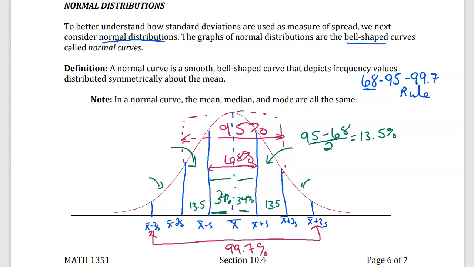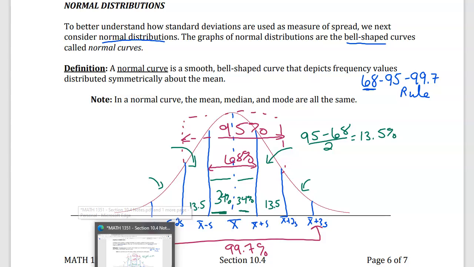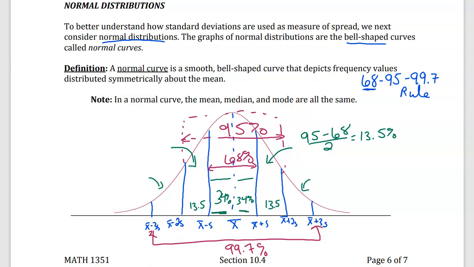To get the amount that's in these two portions, we're going to take the 99.7 and subtract out that 95% because we're going back in one bar, and we're dividing by 2.